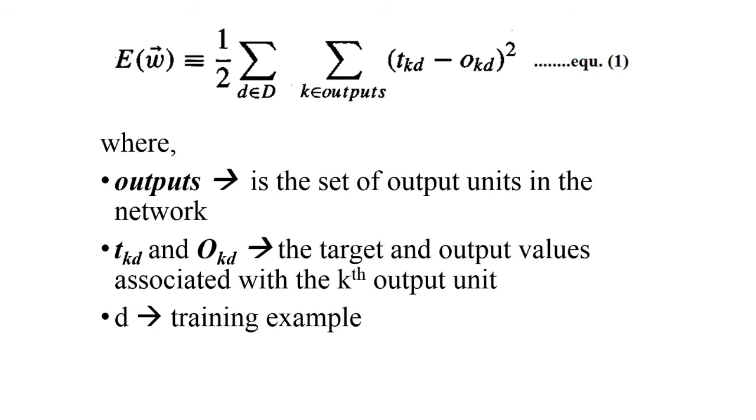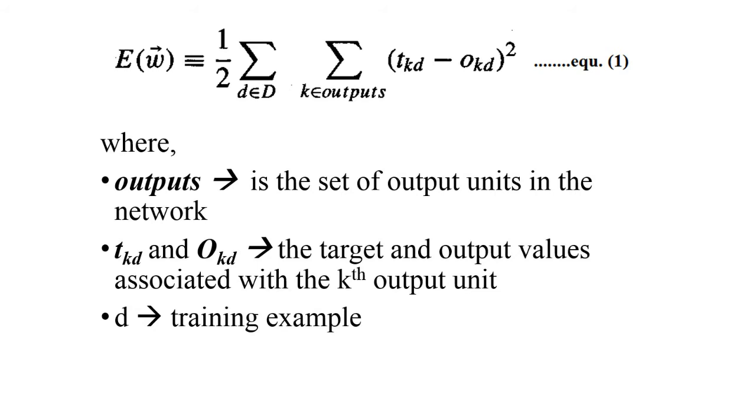Here small d represents each and every input in input space capital D. Similarly, small k represents each and every output belonging to the output space.